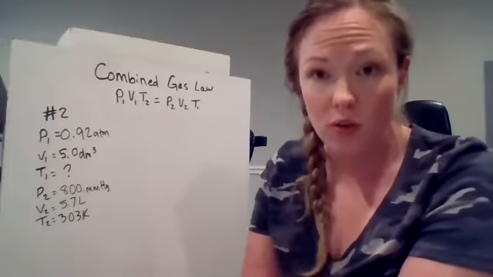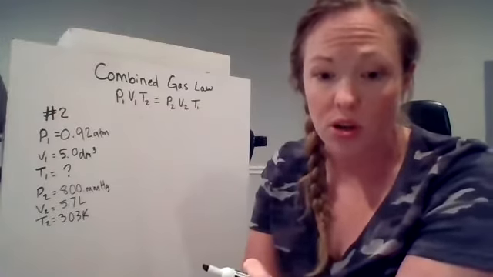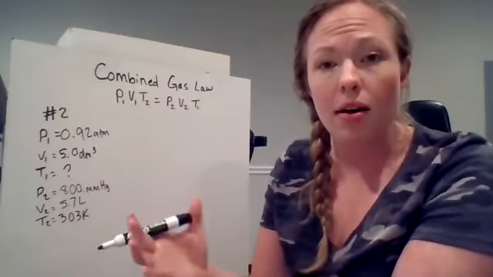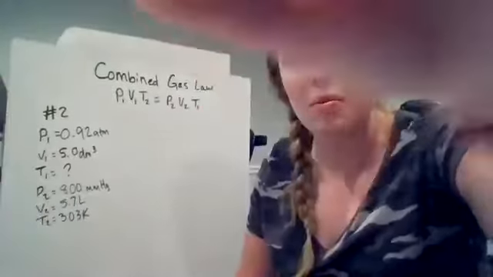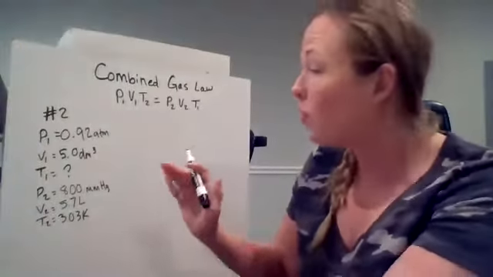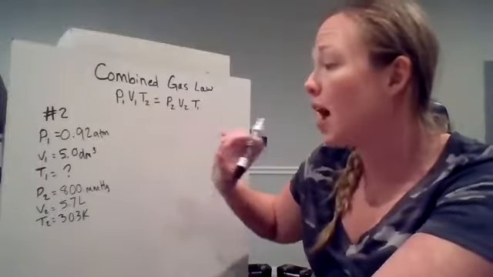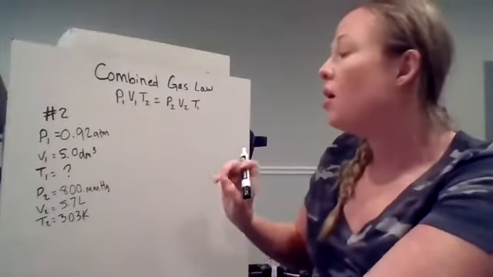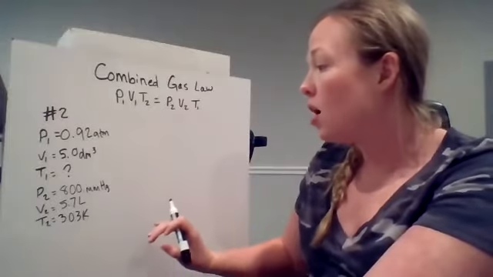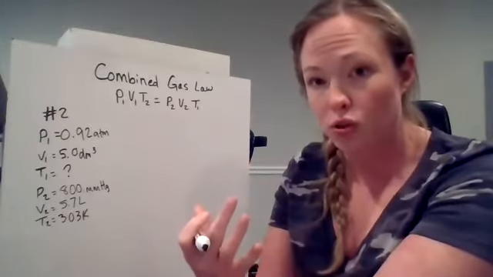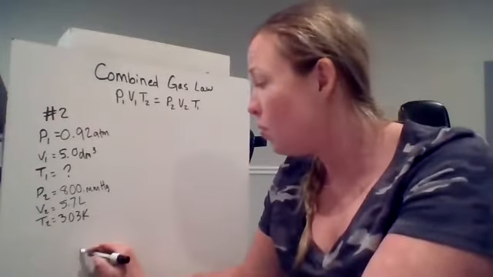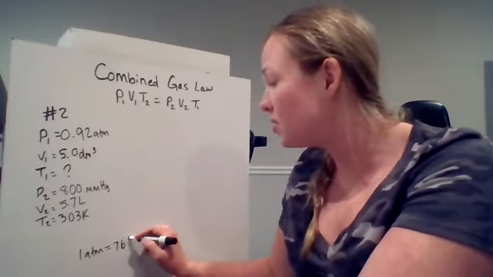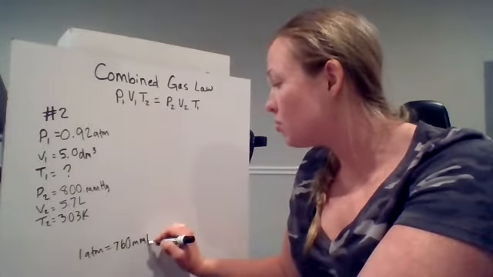Okay, so first of all, we have a few things we need to do. We have 2 different units of volume. We have 2 different units of pressure. This is an issue. We just can't leave it like this, okay? Camera's a little blurry. So what we need to do is look at apples to apples for our pressures, apples to apples for our volume. We know the conversion factors for pressure, right? I know 1 atmosphere equals 760 millimeters mercury.